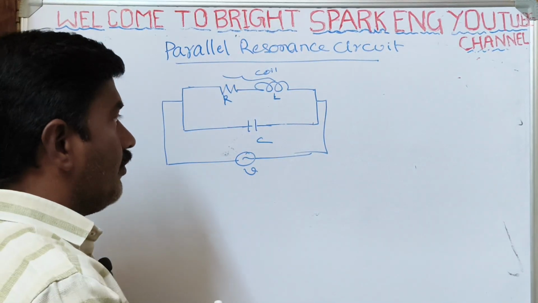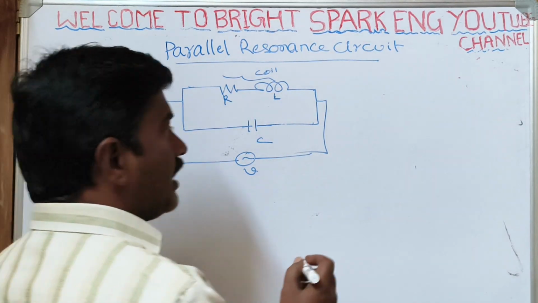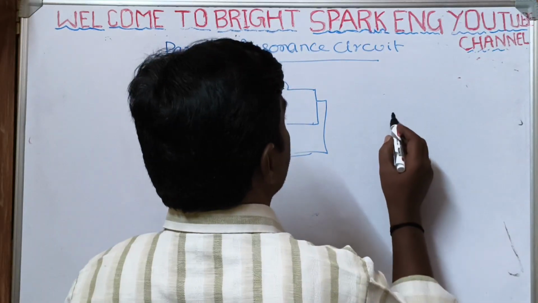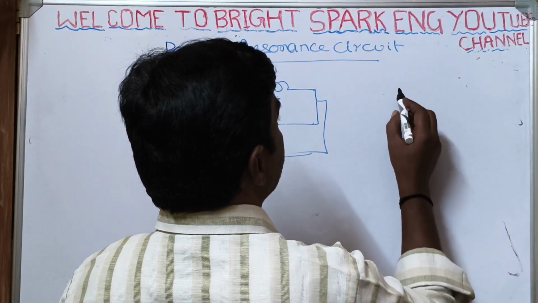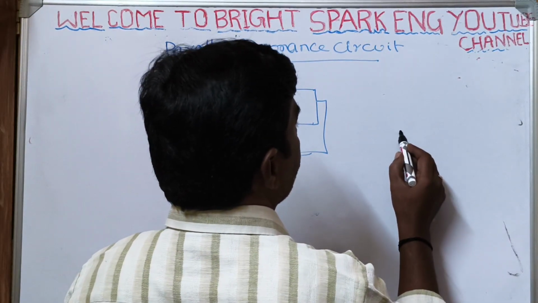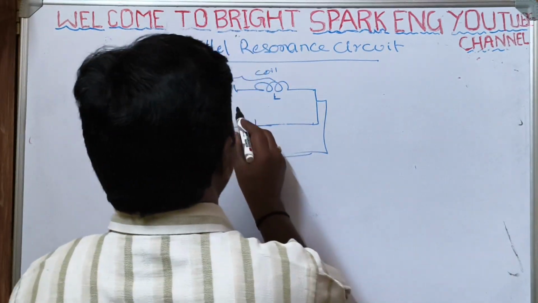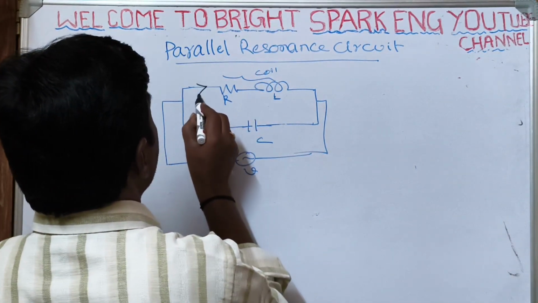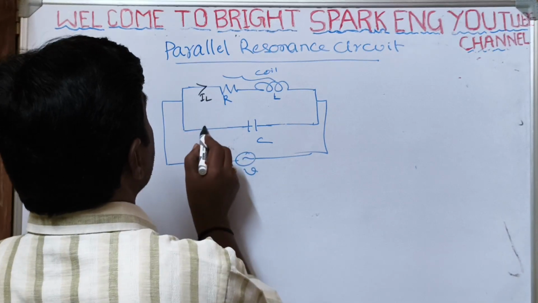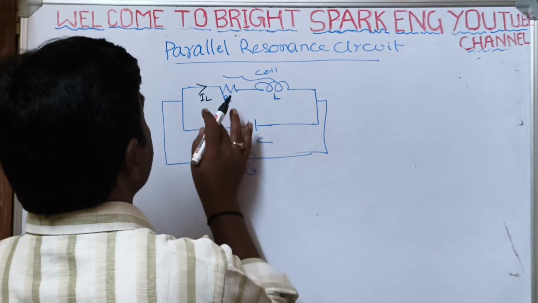Here the phasor diagram is drawn. Here R and L, this is the flow of current IL, and IC is the capacitor current.